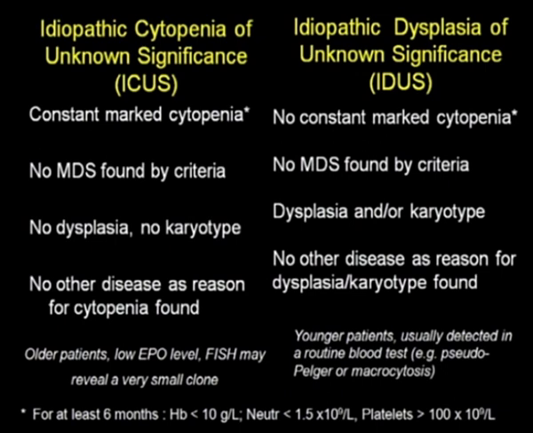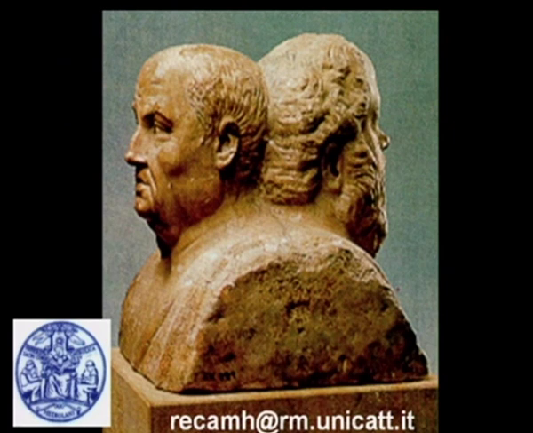While in IDUS we have younger patients, occasionally detected, starting from morphological dysplastic patterns, usually pseudo-Pelger nuclei or sustained macrocytosis. Thank you for the attention.